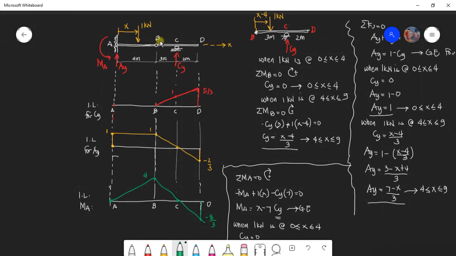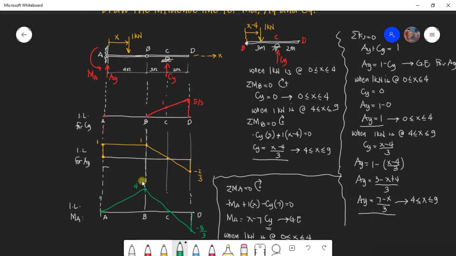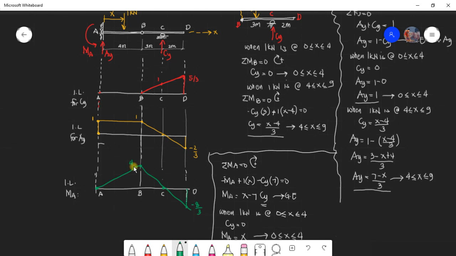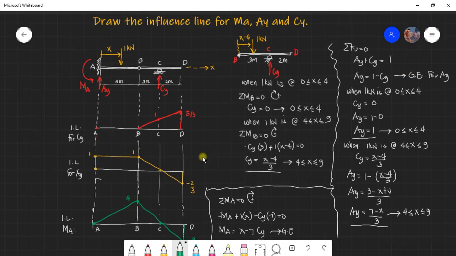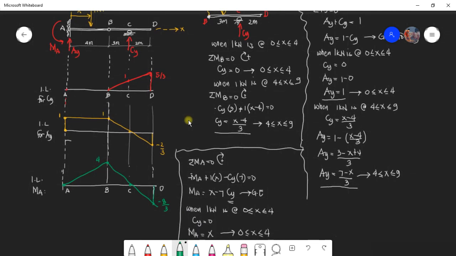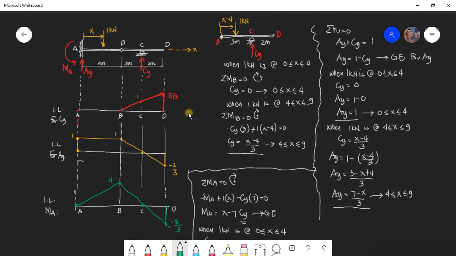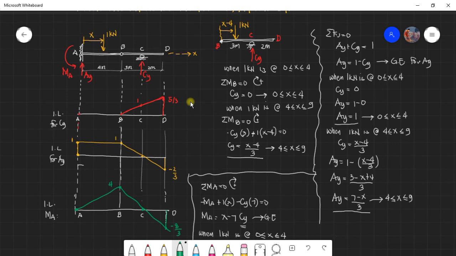So, ibig sabihin, when the 100 kilonewton is at B, i-multiply mo lang ng 4, yun na yung expected moment. Yun na yung maximum. Kasi ito yung pinaka-peak ordinate for moment. So, yun yung one application. Pero we have a separate topic for the application of influence line. Okay, so see you sa next example.